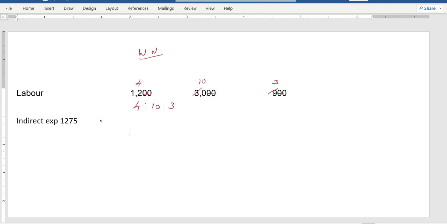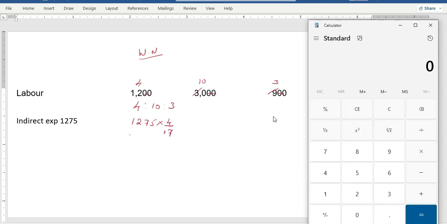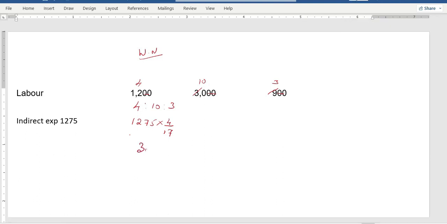We calculate the indirect expenses for A: 1275 into the ratio for A, which is 4, over the total ratio 17. So 1275 into 4 divided by 17 gives 300. So the indirect expenses for process A is 300. For process B, 1275 into 10 by 17, and for process C, 1275 into 3 by 17.